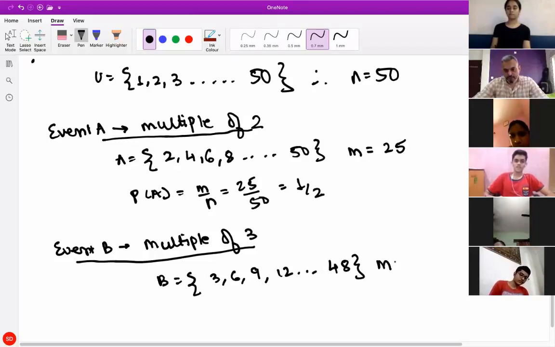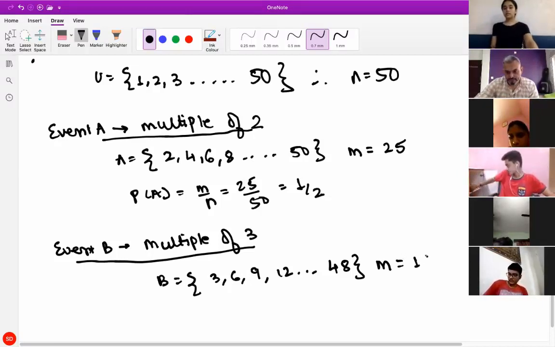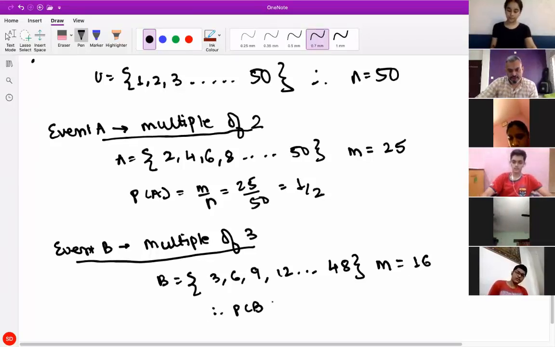So m is equal to 50 divided by 3, करो कैलकुलेटर पे, कितना आ रहा है, 16. 16 threes are 48. So probability of B is equal to m upon n, which is equal to 16 by 50.